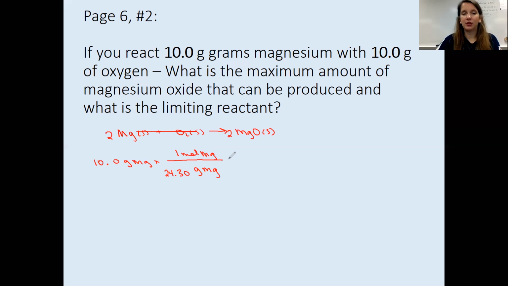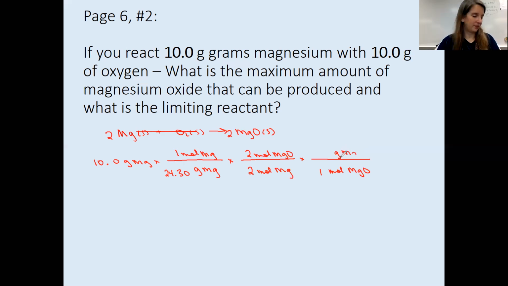We have to remember to go to the grams of our product, because we're trying to determine the maximum amount of magnesium oxide that can be produced. So we'll use the coefficients here so that we can switch from moles of magnesium to moles of magnesium oxide. And then we have moles of magnesium oxide down here, remembering that we can only use that coefficient one time, so this is going to be 1 mole.